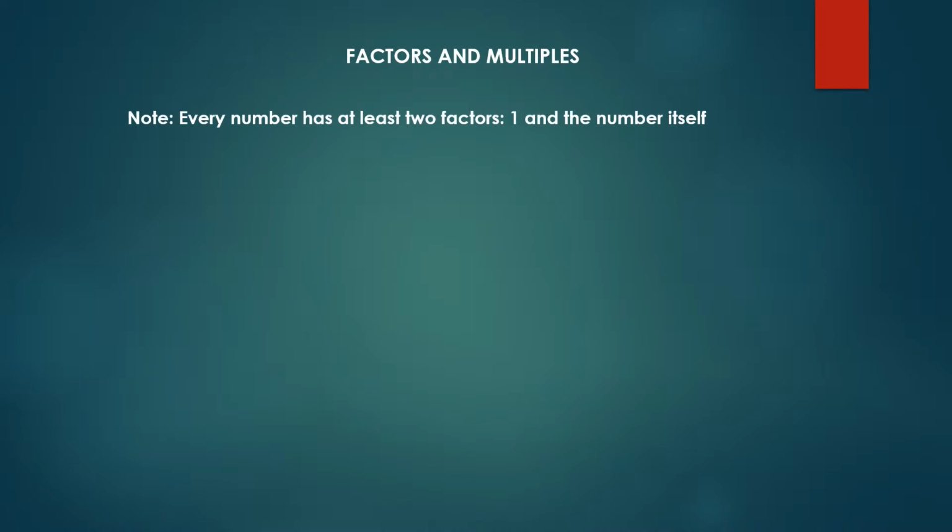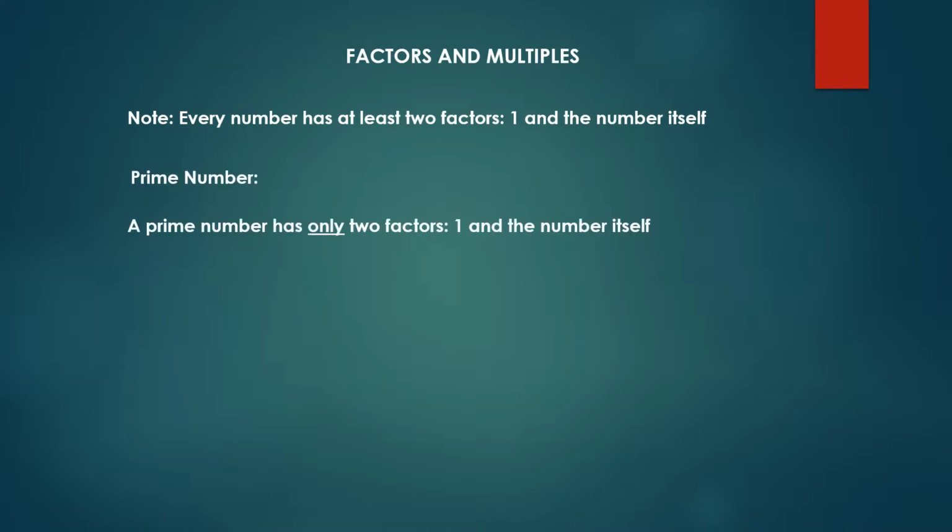Note, every number has at least 2 factors, namely 1 and the number itself. Prime number. A prime number has only 2 factors, namely 1 and the number itself.